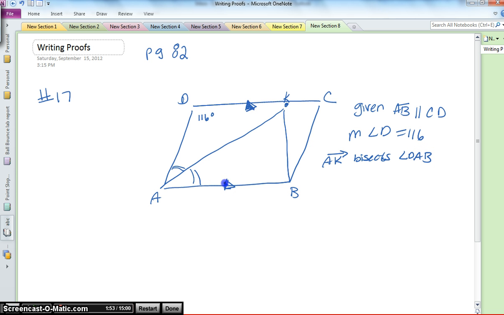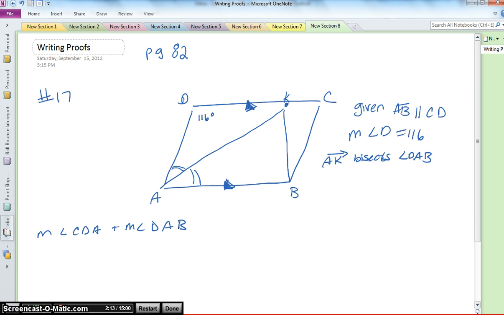Now, if these two lines are parallel, then we know that the measure of angle CDA plus the measure of angle DAB. So take a look at where CDA is and where DAB is.